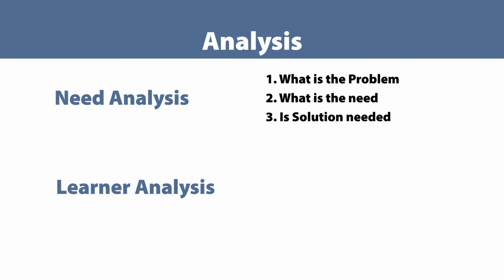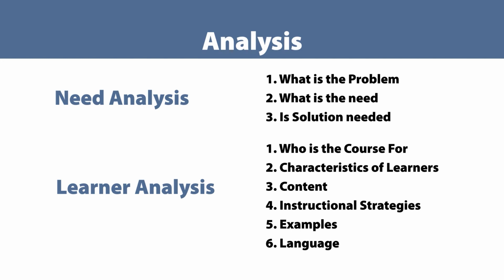The second point under the analysis is the learner analysis. Who is going to take your course? This point becomes very relevant in the open education system. In a formal system, you are not doing a learner analysis. For a BA history course in any university or college, your learner will be someone who has done 12th grade, has certain marks, maybe 50%, maybe 40%, maybe 80%, depending upon which college he or she goes to.